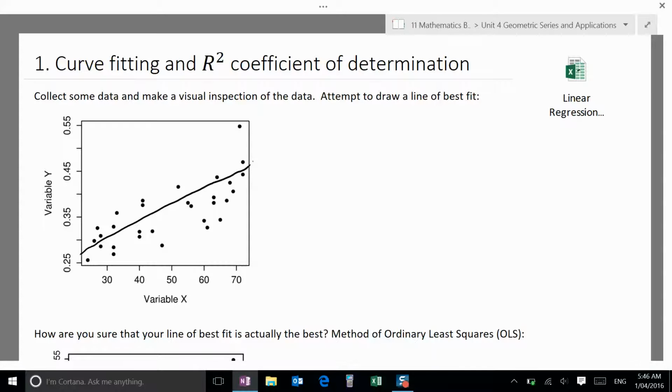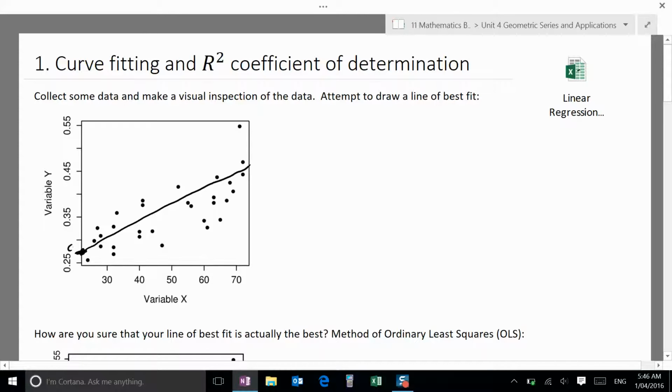You might look at my model and say, maybe it should be further down here, because it'll mean more points are either side. It's sort of more average. Everyone can have a go at drawing a line of best fit, and would probably get different values.